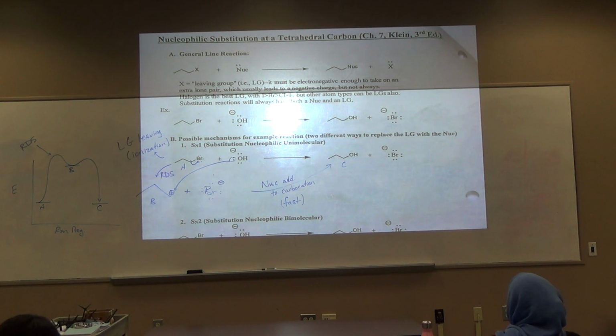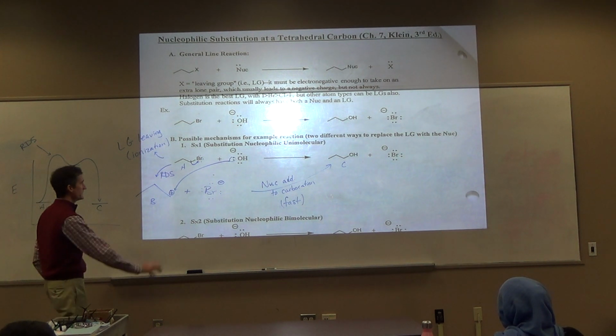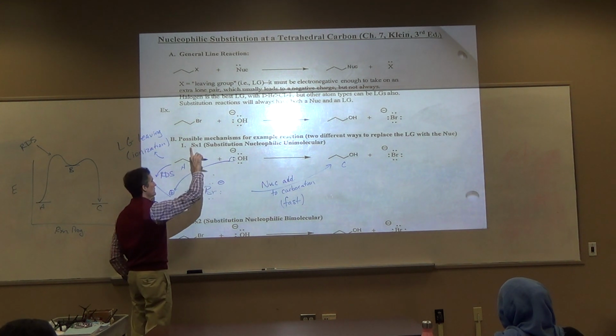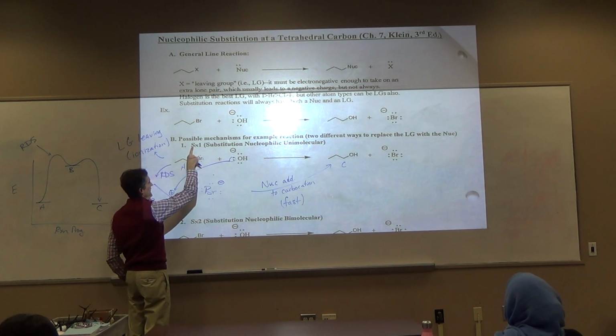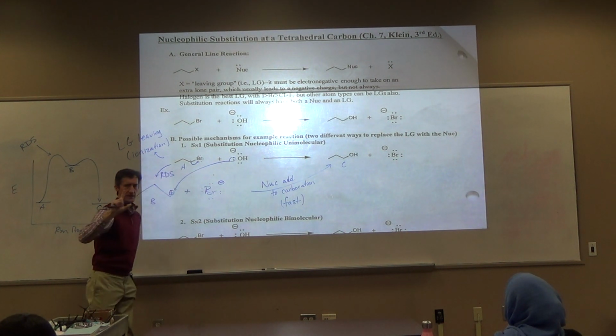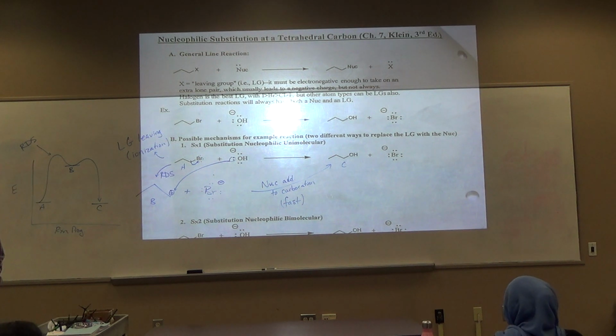Is the hydroxide involved in the rate determining step? No. Only one of them is involved. That's why this mechanism I'm showing is called an SN1: substitution by a nucleophile, unimolecular, 1. That refers to the molecules that are involved in the rate determining step. Only one of them.